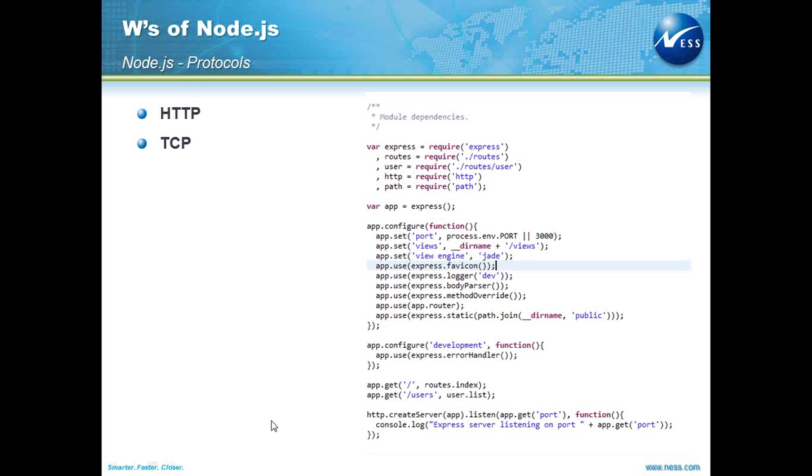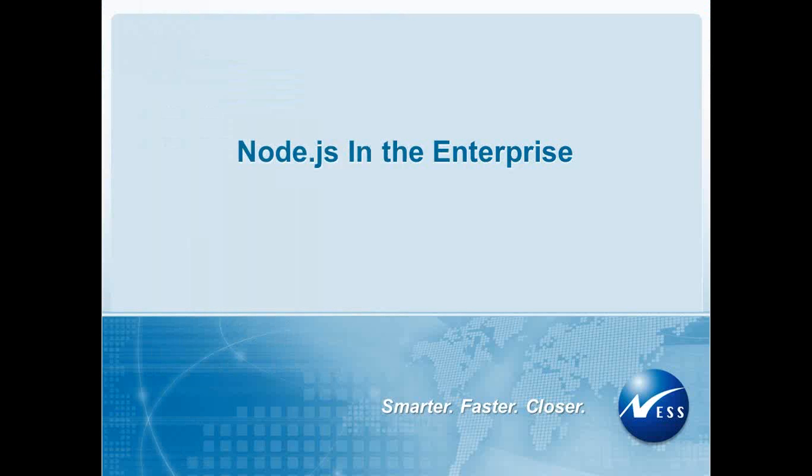So all it takes to create a server using Express.js is just the line that you see here. HTTP create server app, listen, app.get of port, and you're set. So let's see what are the different facets that help us build an enterprise level application using Node.js.